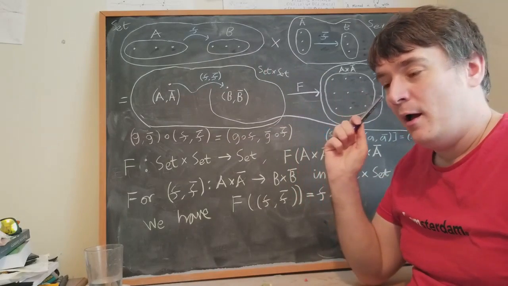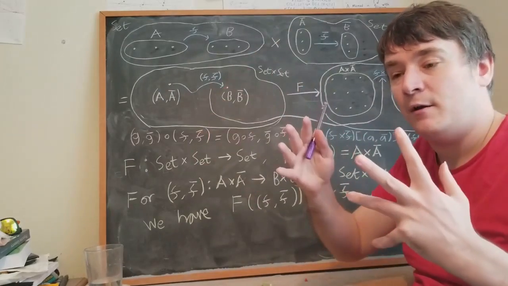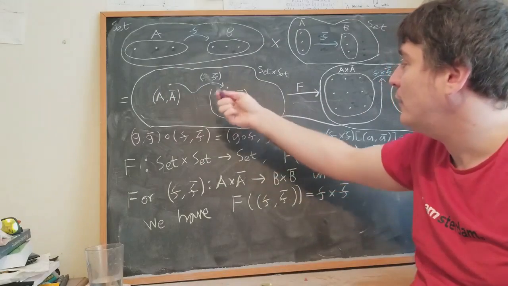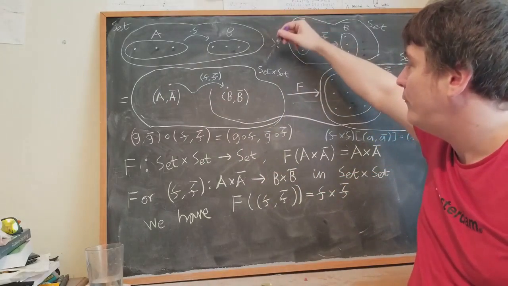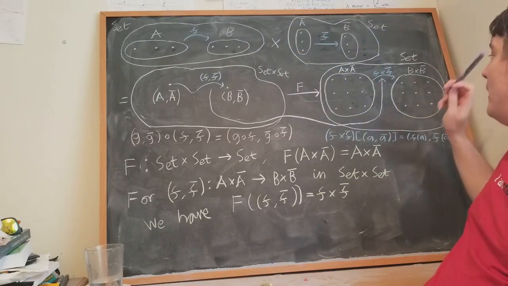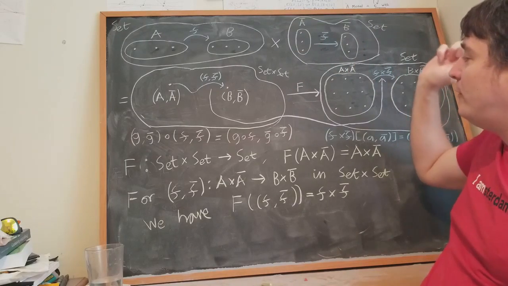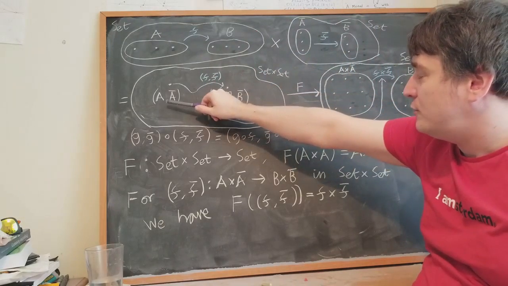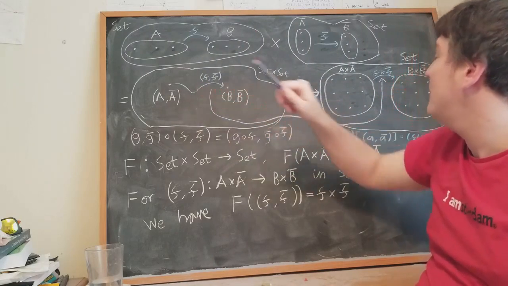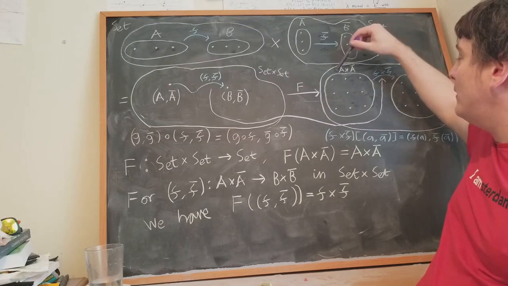Now, to get this bigger view of this product operation as a functor in two directions, we're going to consider it to be a functor from Set times Set to Set. So what it's going to do is translate an object in Set times Set, like a comma a bar, and send that to the Cartesian product of those sets.